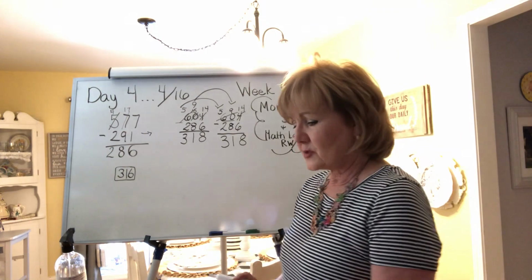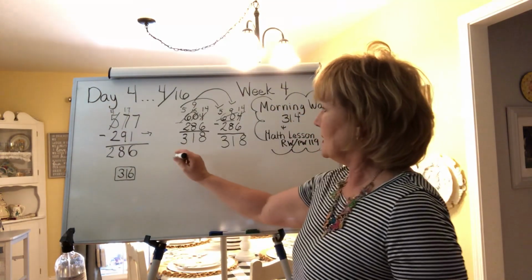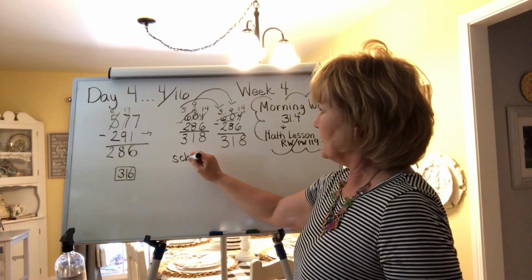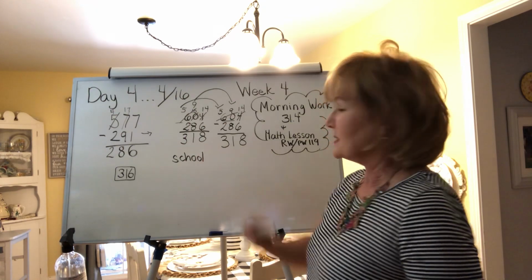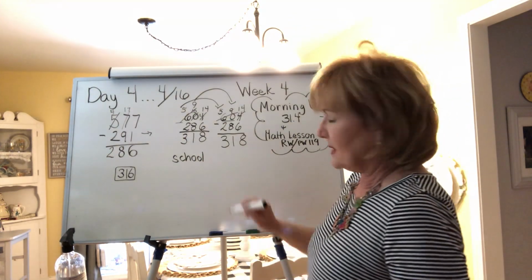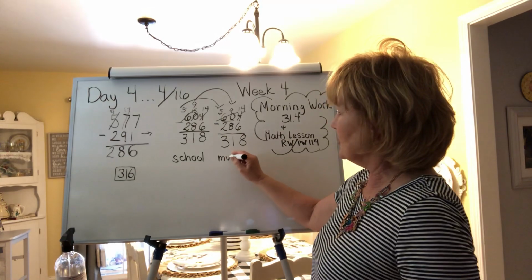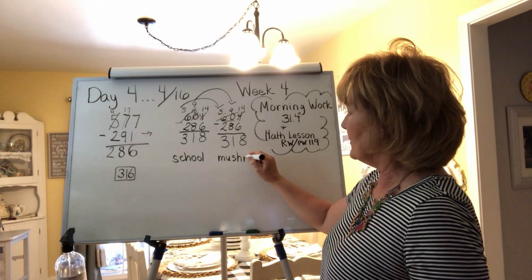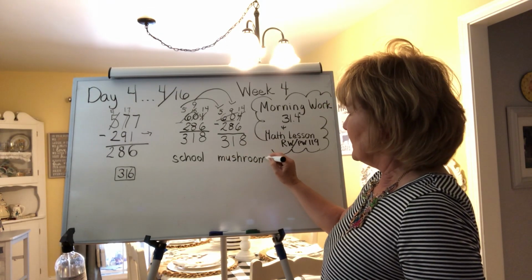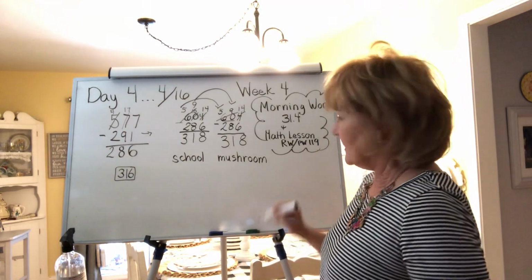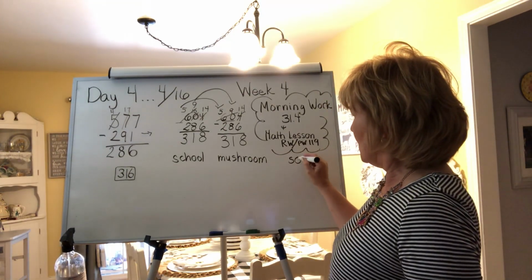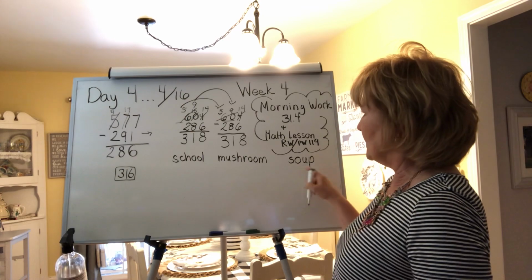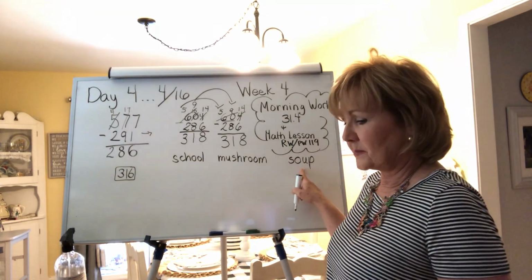So now it says to read the clue to find the mystery word. What is this first word, everybody? School. Good. The next one is something you should not eat unless you buy them from the store. Mushroom. And the next one is not soap. This is a food. Soup. You're right.